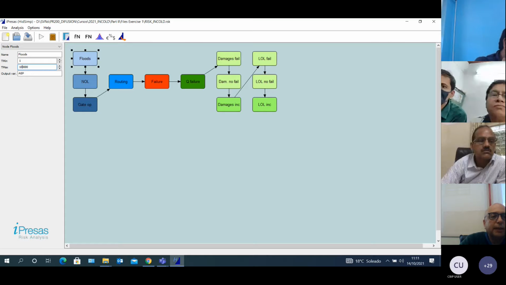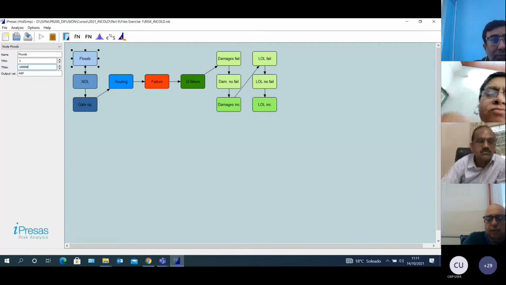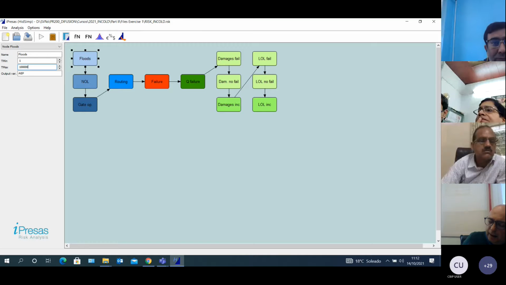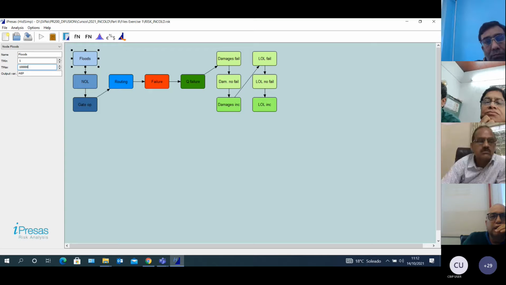So make sure you write 100,000 in T max. So from 1 to 100,000. And then the software will be equipped by himself to create all the branches in the event trees, as I had briefly explained you before. Okay? Good. Next one.